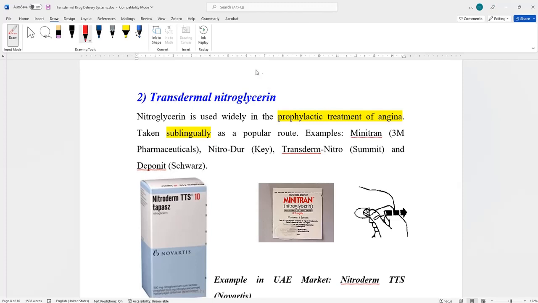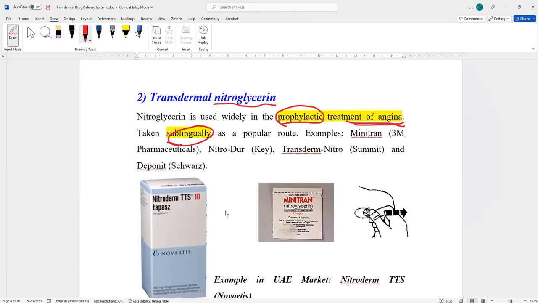The other example is nitroglycerine. And if you remember, I said nitroglycerine is used as a prophylactic in the treatment of angina, to prevent the happening of angina. Usually the popular way of taking nitroglycerine is not a transdermal delivery system, but sublingually.